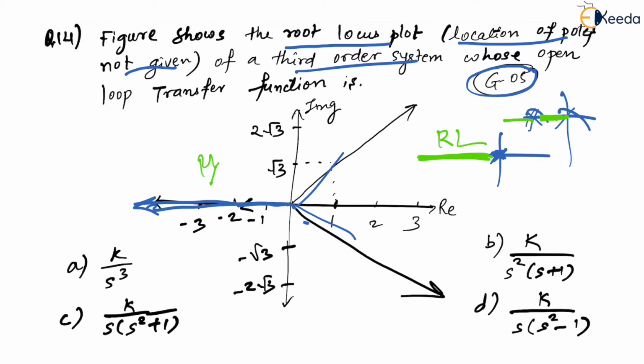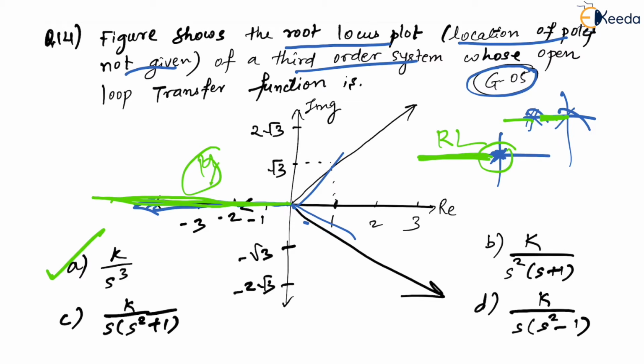So you have to understand one thing, that since the entire negative real axis is a root locus area, that is the reason we can say that all the three poles are at origin. They have to be at origin, they can never be anywhere else. So check the options. Yes, this is option A. Option A is the correct answer. Very simple question, right?